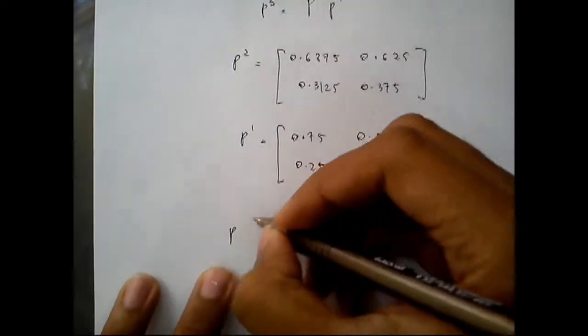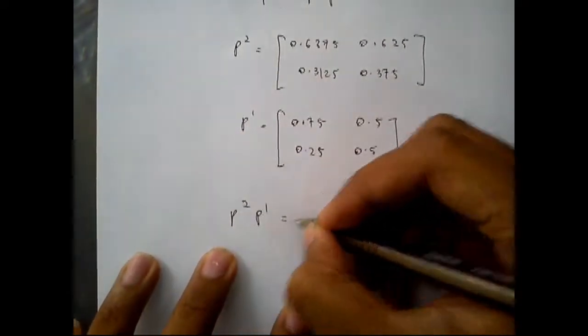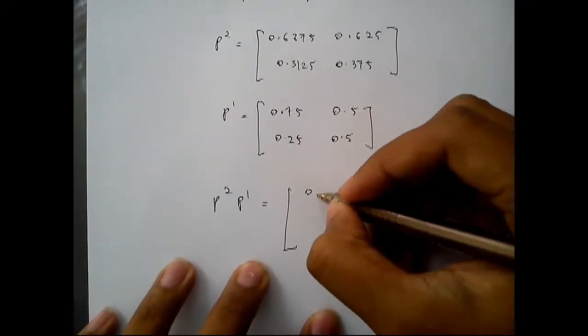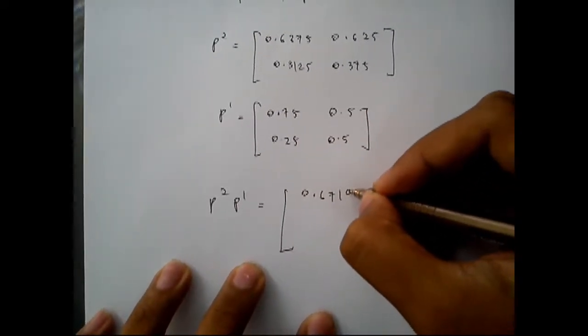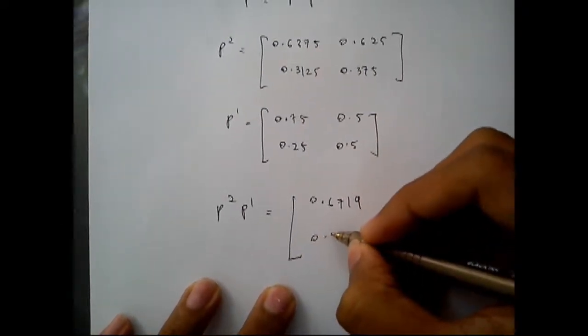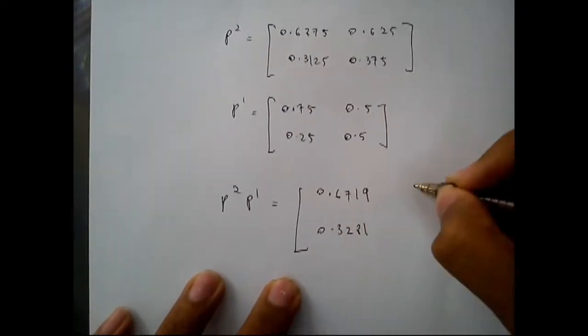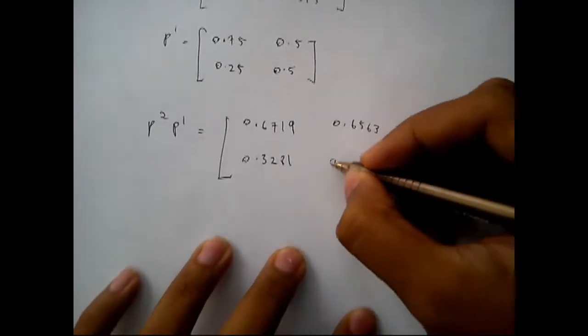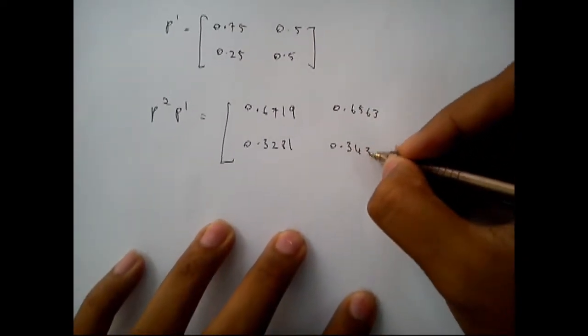We multiply P2 with P1, we get 0.6719, 0.3281, 0.6563, 0.3438.